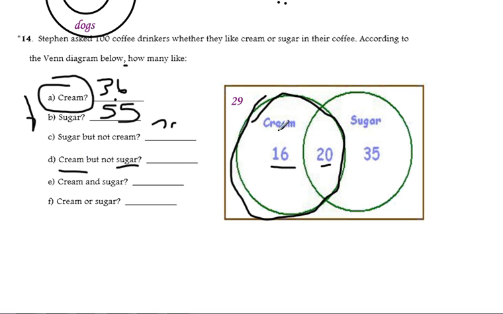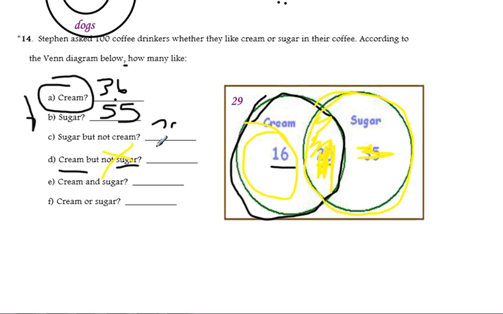So of those cream people, we have to find the people that like sugar that are inside the sugar circle and eliminate them. So these 20 people are inside the cream circle, but they're also inside the sugar circle, and we want to eliminate those 20 people. We don't want anybody in the sugar circle. So we're only left with that 16.